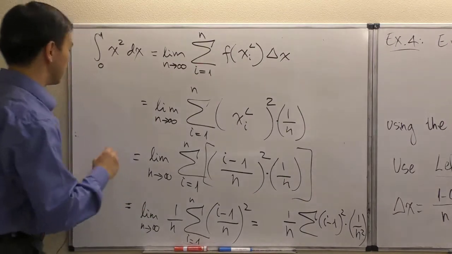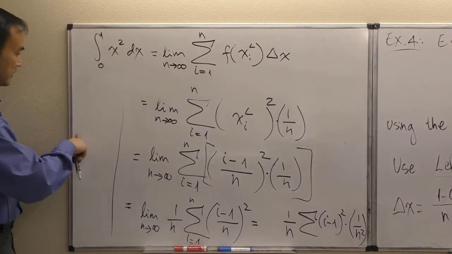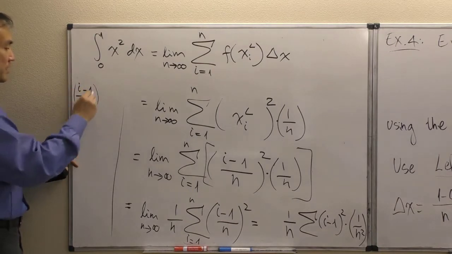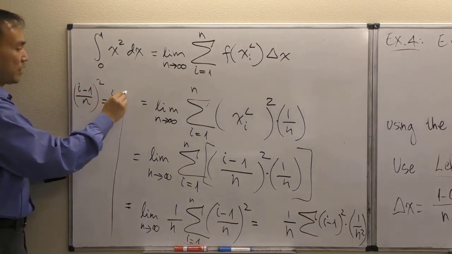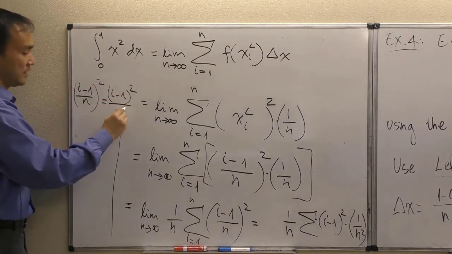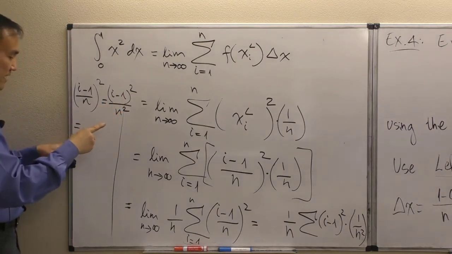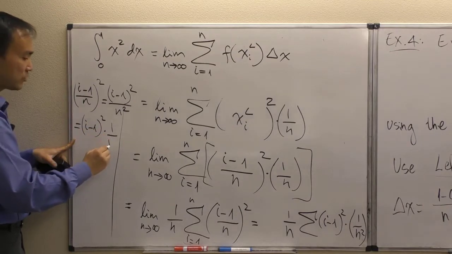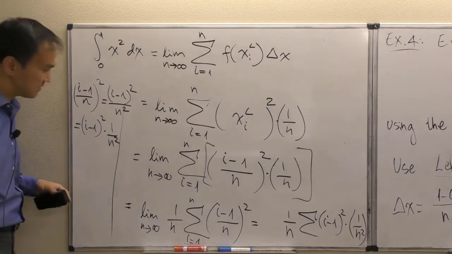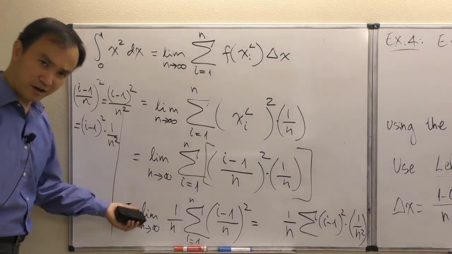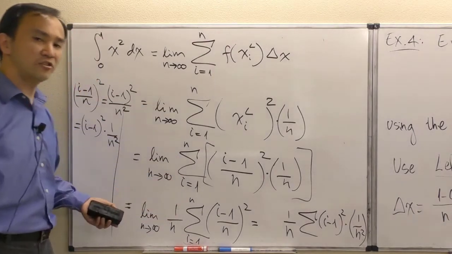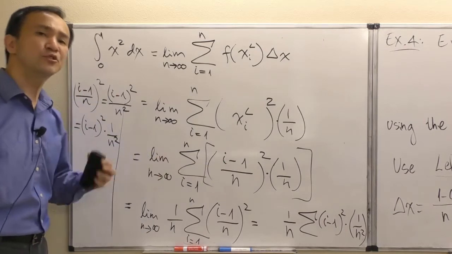Of course, allow me to explain a little further. Earlier I wrote (i minus 1 over n) all squared equals (i minus 1) all squared over n squared. Algebraically I can also rewrite that as (i minus 1) all squared times 1 over n squared. It's just another algebra thing. At this point, you cannot blame your instructor for asking you to be fluent with algebra in order to absorb these problems.